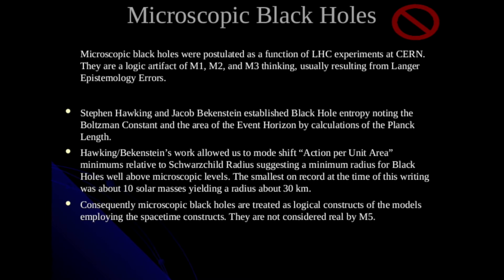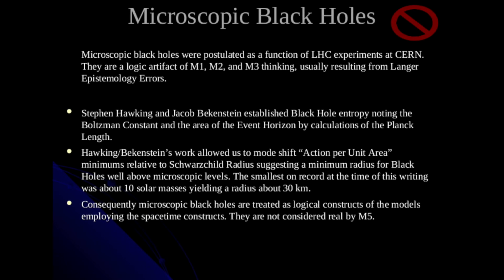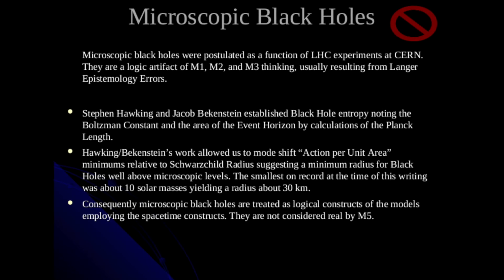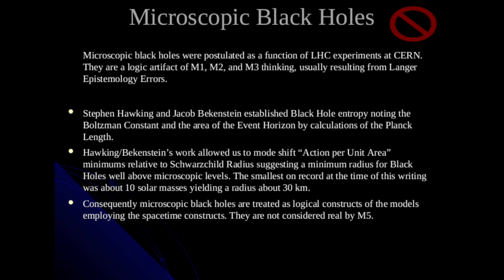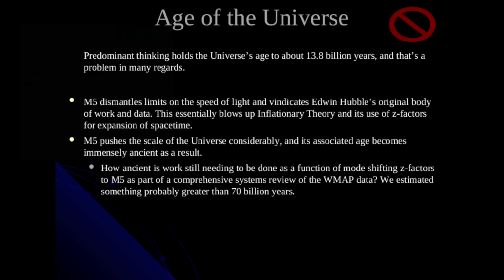And when you mode shift those things back and forth to each other, you find that they can't collapse. They don't have the action per unit area availability to cause the gravitons to pull everything in to generate a graviton star. That requires about 10 solar masses with a radius of about 30 kilometers in order to accomplish. So microscopic black holes are not considered real by M5.